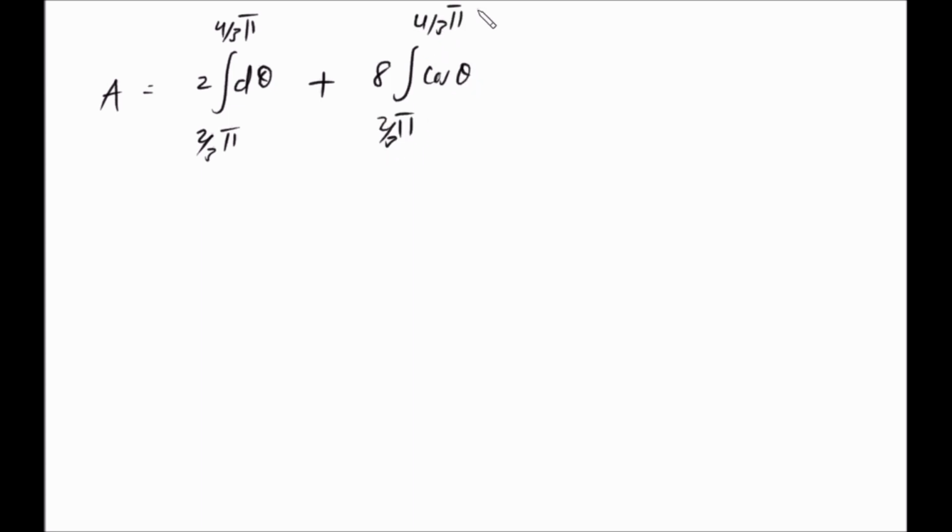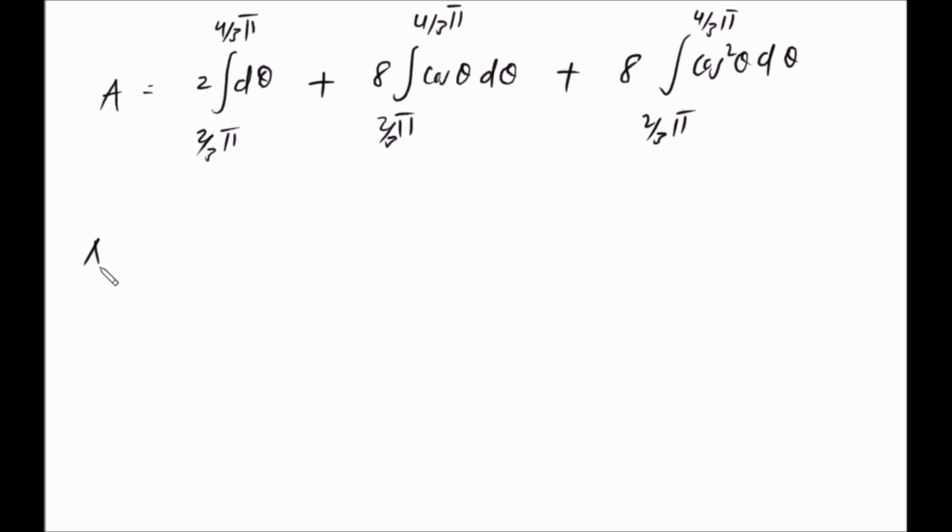Kwa hiyo itakuwa area now is going to be equal to 2. I'm only going to integrate the theta now from 2 over 3 pi to 4 over 3 pi plus 8 is constant, ndani tuna cos theta. You integrate cos theta from 2 over 3 pi to 4 over 3 pi with respect to theta. Na hapa pia nje tuna 8. So integrate from 2 over 3 pi to 4 over 3 pi cos squared theta d theta.